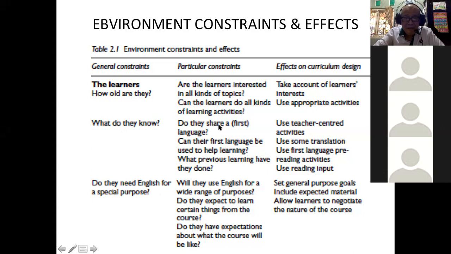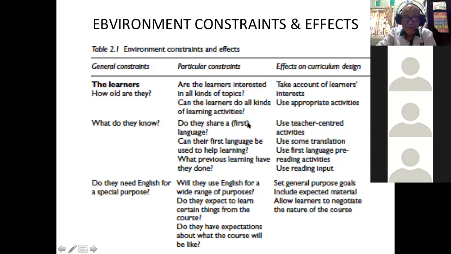Do they share a first language, speaking Indonesian? Or if you are in the rural areas, in the kabupaten, maybe they do not share the same first language. Including in Makassar, they probably have different first languages or local languages. Can their first language be used to help learning?